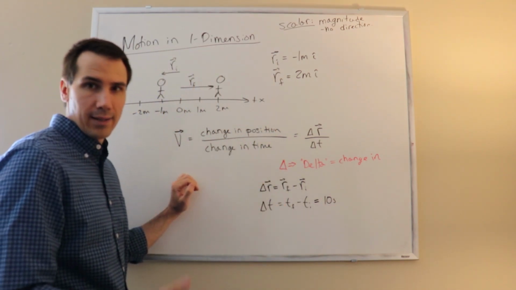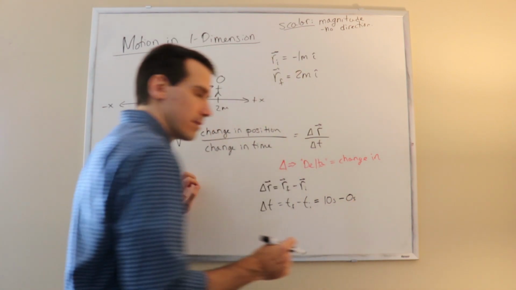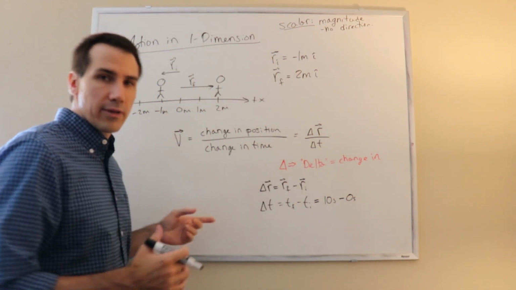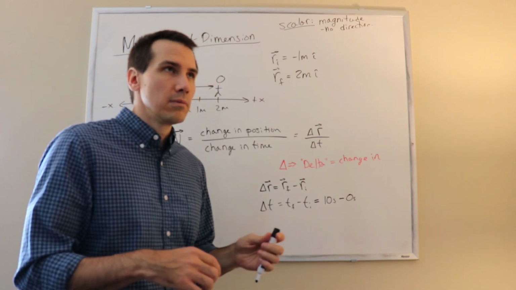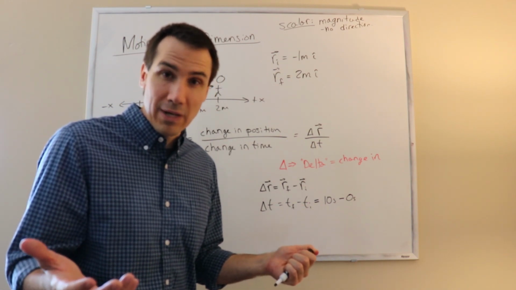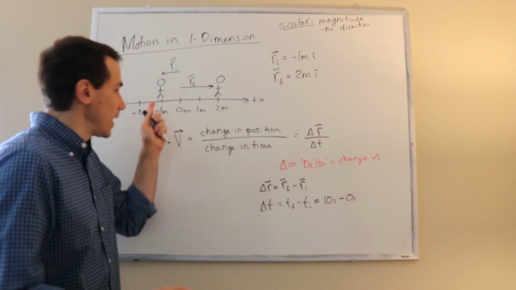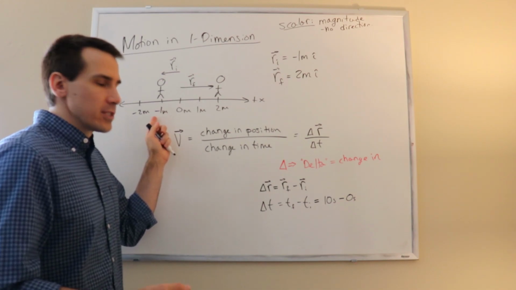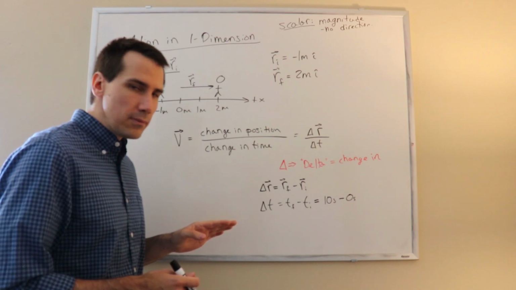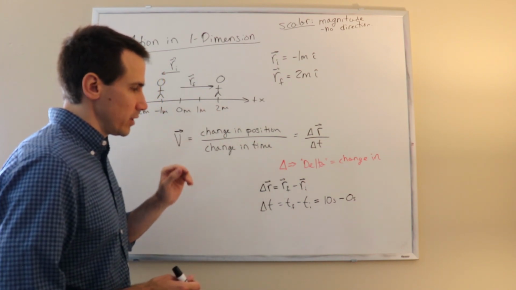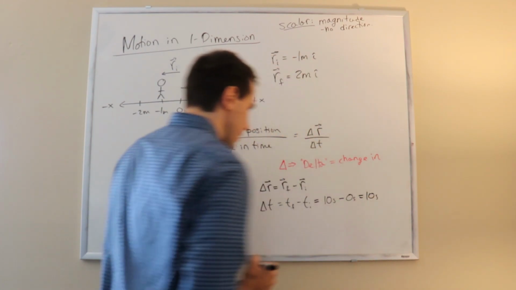That is my final time when I open my eyes again, minus 0 seconds, that is the time when I first saw them. In general, we're always going to start the clock at the point where we start taking a measurement. So our first measurement was when I saw the person at -1 meter here. So I'll call that t equals 0, and then 10 seconds later, we will say they're at 2 meters. So that's my delta t, 10 seconds.